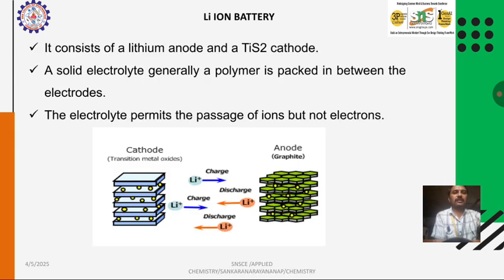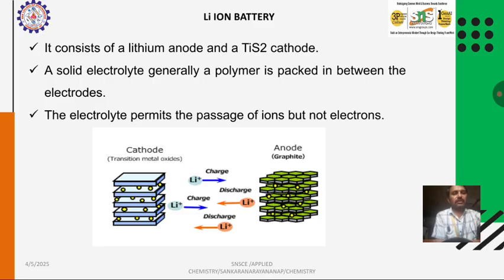So what are the components of the lithium-ion battery? It consists of a lithium anode and a titanium disulfide cathode. A solid electrolyte, generally a polymer, is packed between the electrodes. The electrolyte permits only the passage of ions, not electrons. Which ions? Lithium ions.